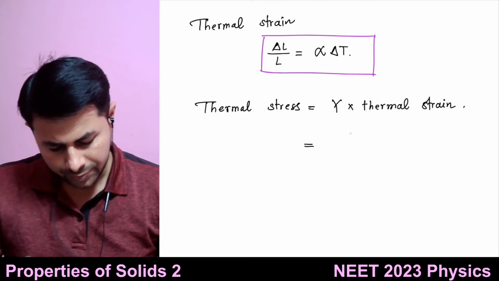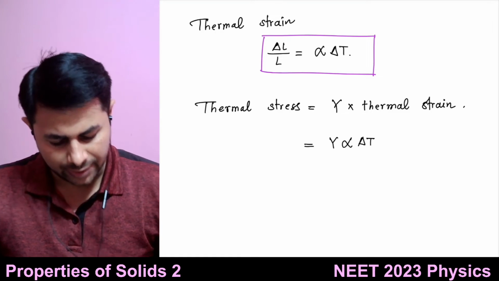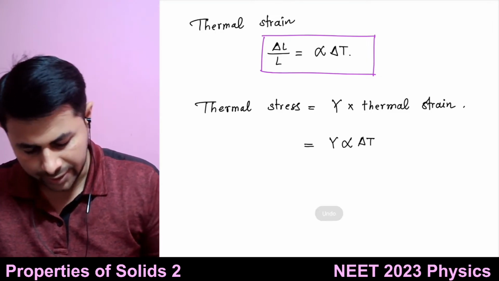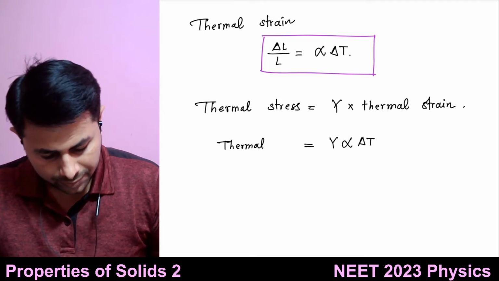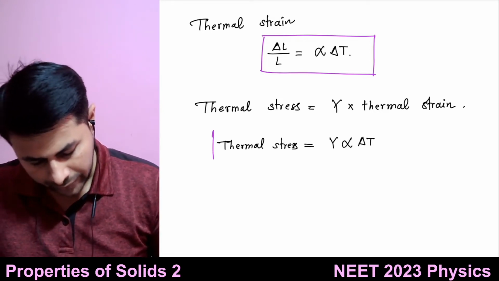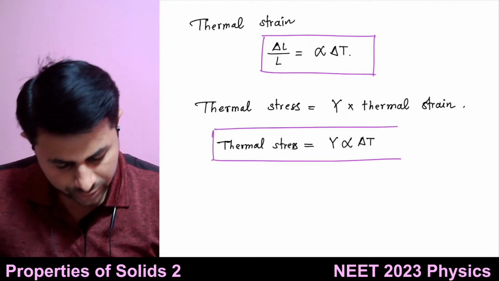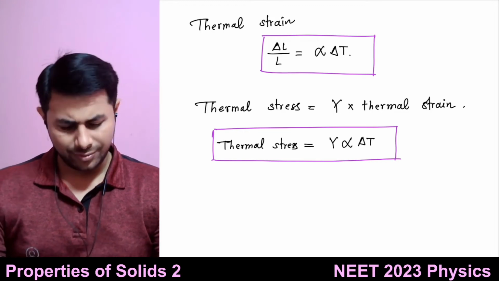So it is equal to Y multiplied by alpha delta T. This is the thermal stress produced in the wire because of rise in temperature.